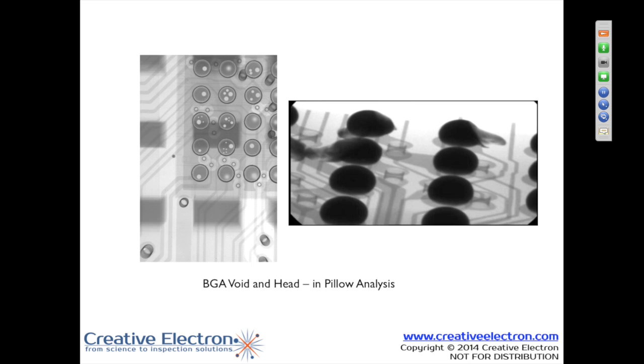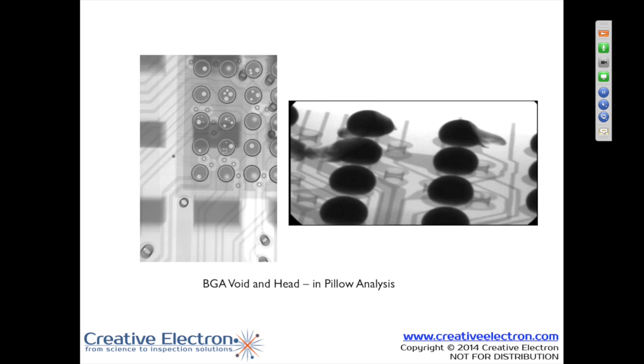If you had a problem, we could build a system that would help you identify that problem and control that process. So BGAs really helped the X-ray industry standardize what we would call an electronics inspection device. Essentially, we're looking at percentage of voiding, circularity, bridging, and the size of the balls.